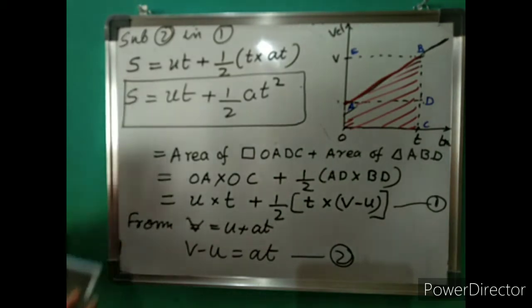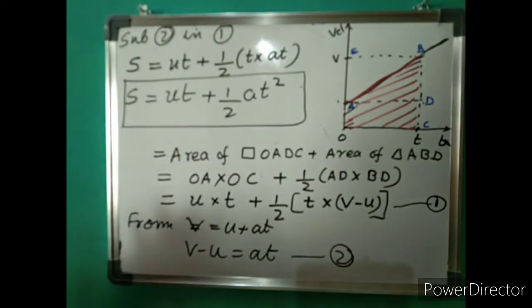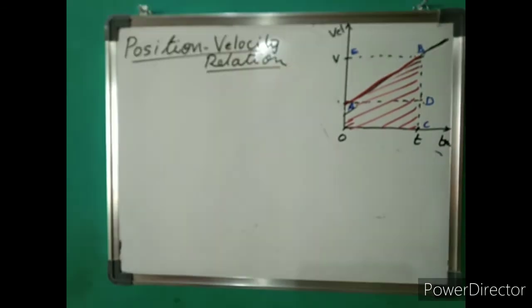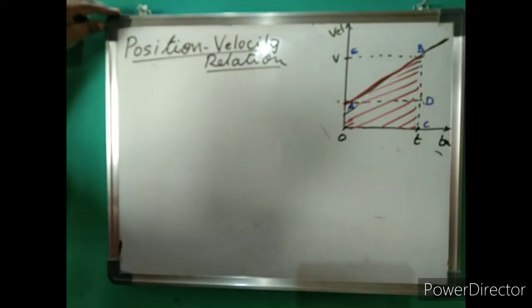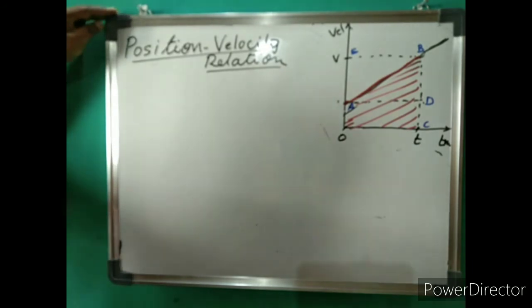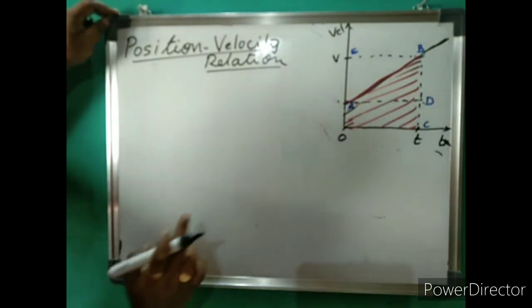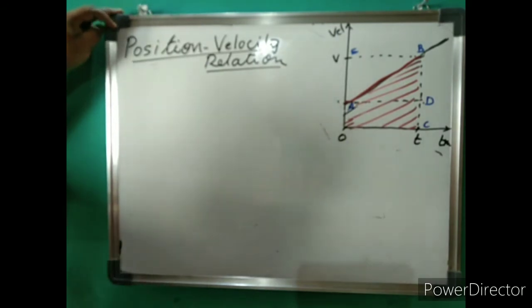The next, we are going to find the position velocity relation. From the VT graph, the distance traveled by the object is equal to the area under the graph. Here in our graph, it is the shape of a trapezium.